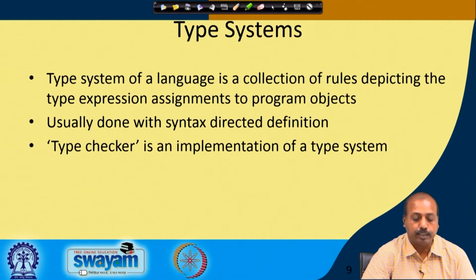So, they will be collected in the type system, and it is usually done with a syntax directed definition. It is done with syntax directed definition means that you can have this type check and all, and they will be implemented by means of the syntax directed translation scheme.